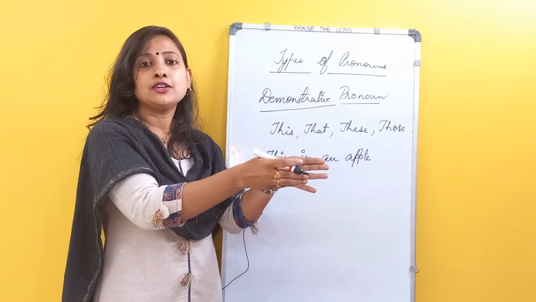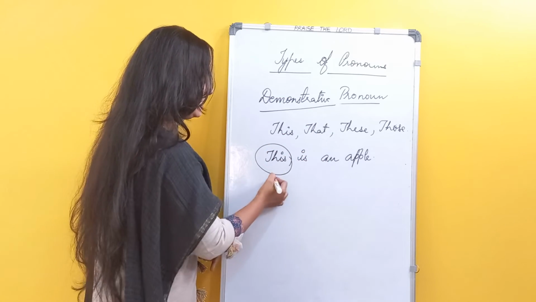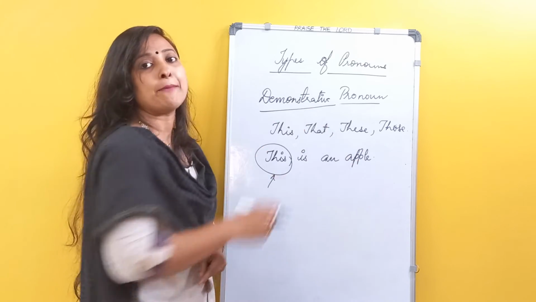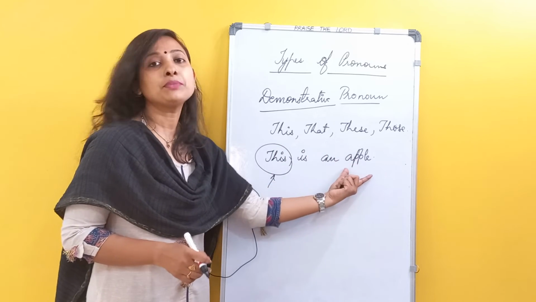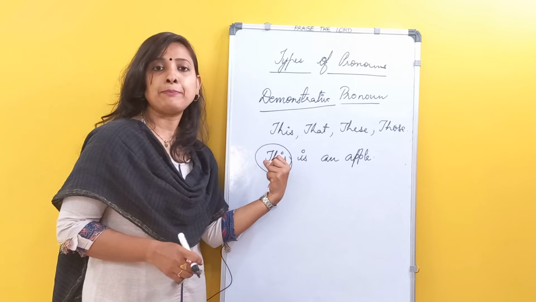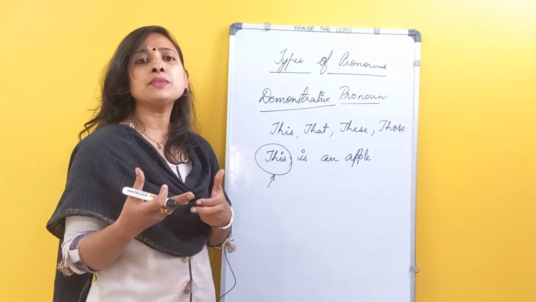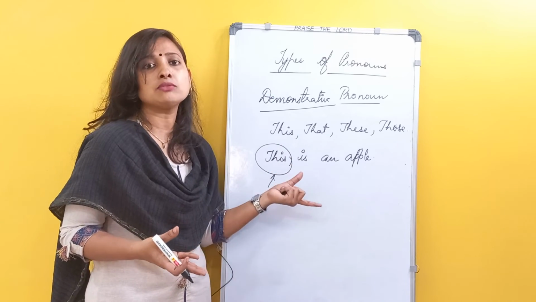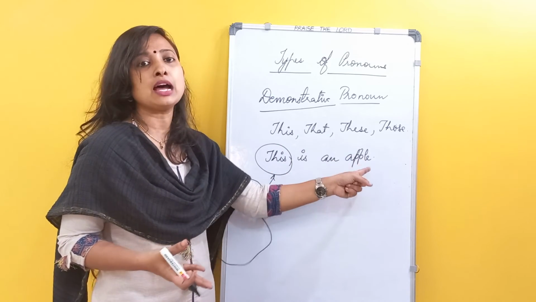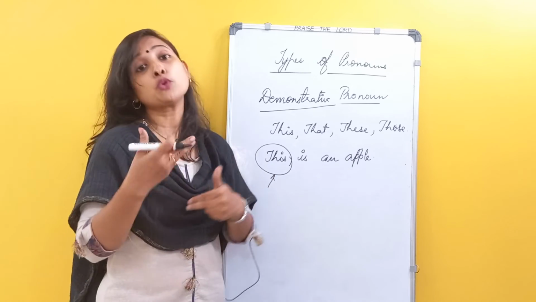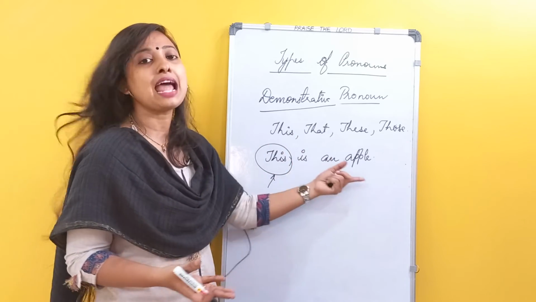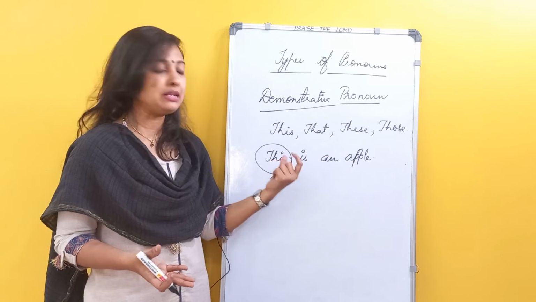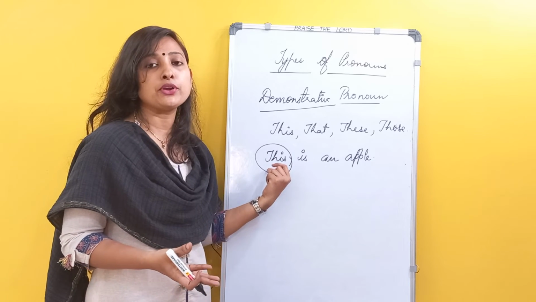So this here is being used on behalf of the noun apple. What are pronouns? Pronouns are used on behalf of nouns. So demonstrative pronouns are used on behalf of the nouns, in a way showing the nouns, right? So this is an apple is indicating that it's an apple. So here this is a demonstrative pronoun.